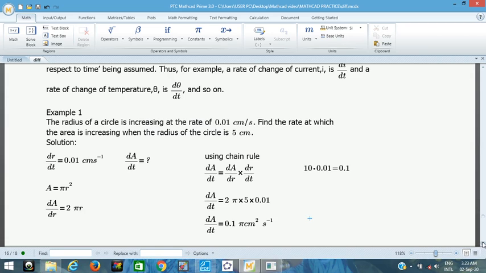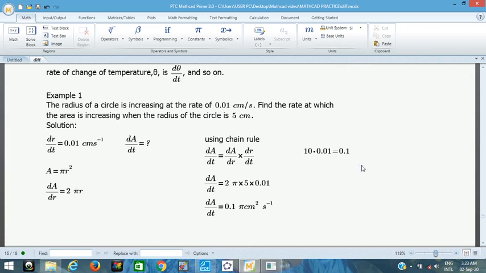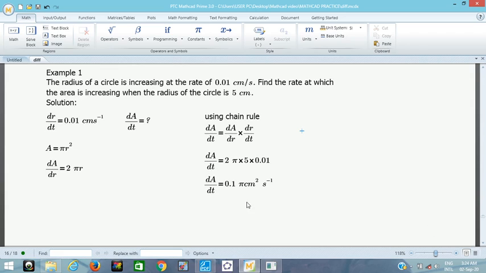But if the question wants you to leave your answer without pi, because there are some cases whereby they will solve and not leave the answer in terms of pi, so if you are solving without pi, your final answer dA/dt is going to be equal to 0.1 times pi.